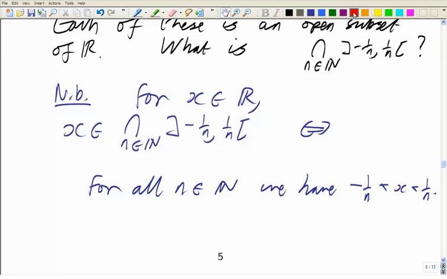So let's have a look at that condition, call it star.